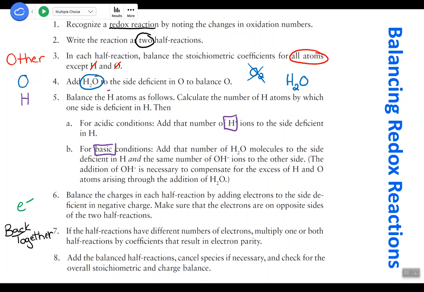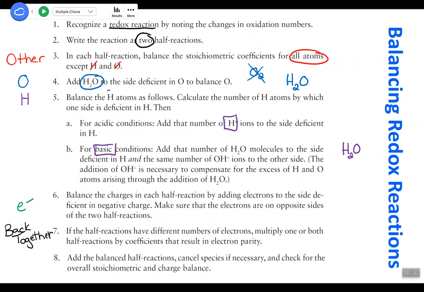But if the solution is basic, we don't have a meaningful amount of H+ ions swimming around. So we can write it on paper, but in reality, there's not enough of it there to meaningfully react. So instead, what we need to do for basic reactions is to add H2O to the side that we really wanted to write H+ to.